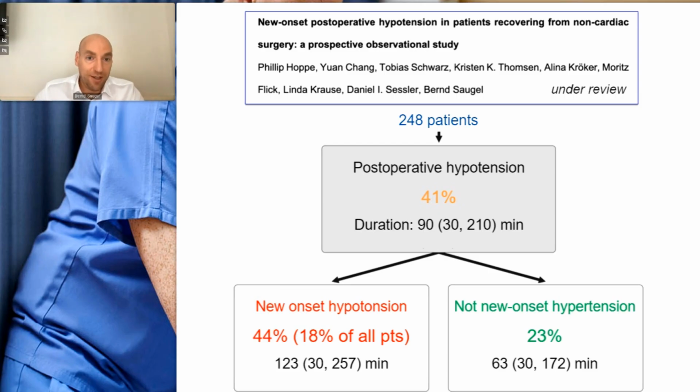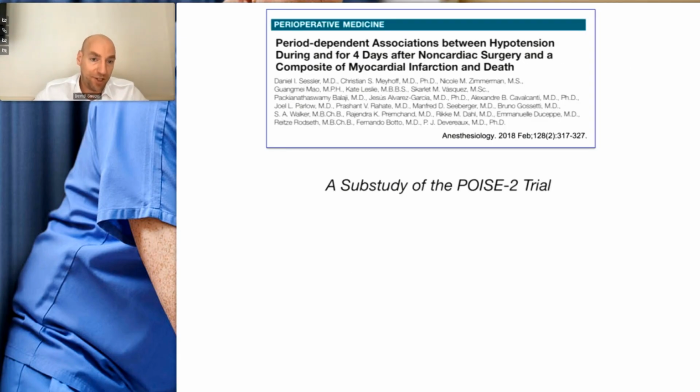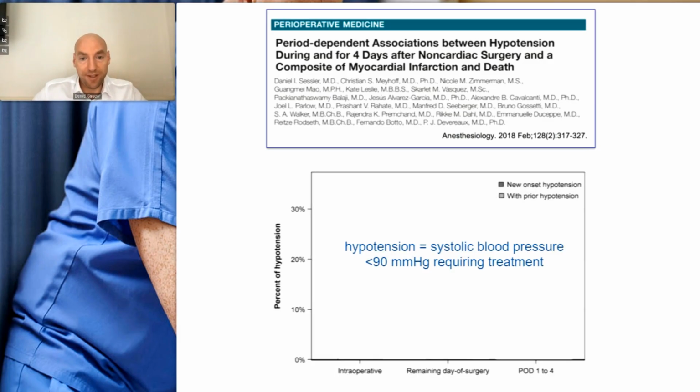So hypotension is a problem on normal wards, and this was suggested a couple of years ago in a sub-study of a big trial, the POISE-2 trial. And here hypotension was defined as a systolic blood pressure of less than 90 millimeters of mercury that required treatment.